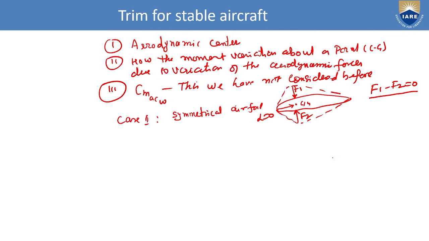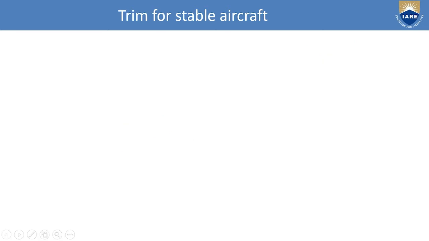But if you see case 2, the cambered airfoil, in this case we can see that for the cambered airfoil, F1 on the upper side will be here and F2 will be in this, and a net force.